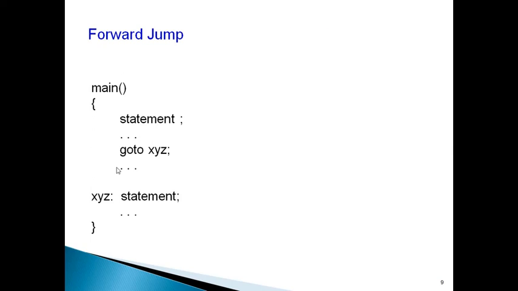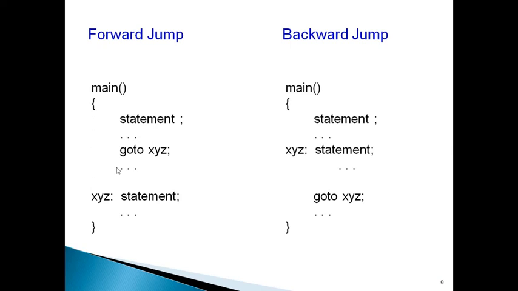In the same manner, we have a backward jump. In the forward jump, the flow of execution is from top to bottom. In the backward jump, the flow of execution is from bottom to top. Here the main function is there, some instructions, then the label is there.